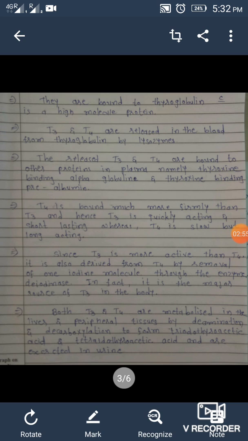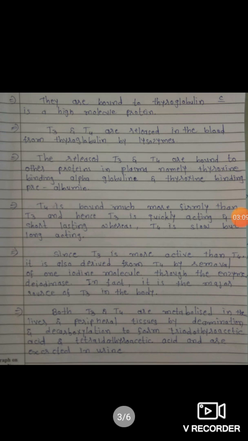These T3 and T4 are released in blood, and they will detach from thyroglobulin. These released T3 and T4 are bound to proteins in plasma, called thyroxine binding alpha globulin and thyroxine binding prealbumin.